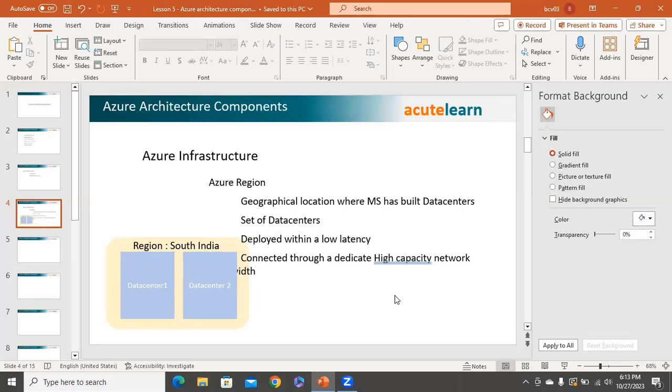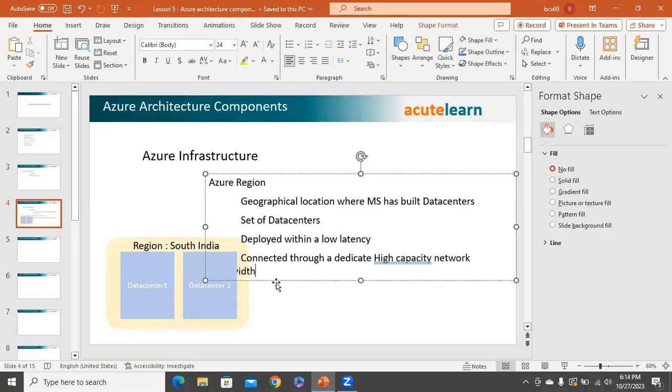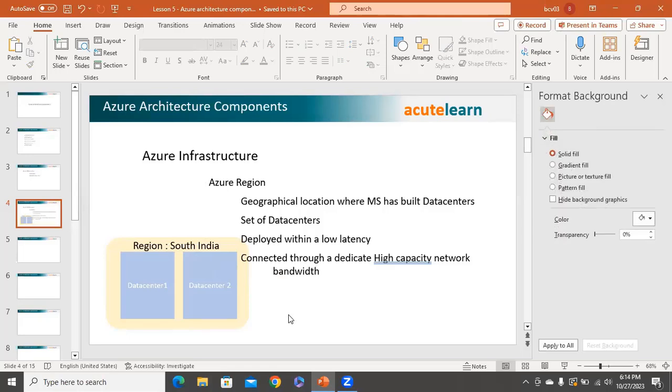Microsoft will not expose how many data centers are available in a specific geographical region. We know only the region, but Microsoft has built a couple of data centers within that geographical region, which are connected with low latency, like a local area network, with a high capacity network bandwidth.